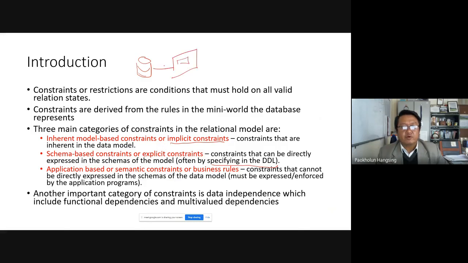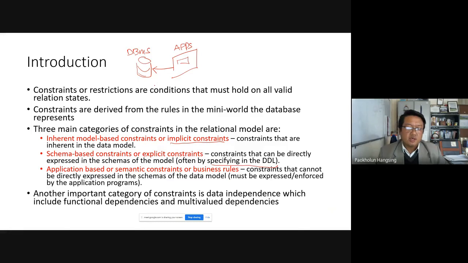So we have the DBMS and we have application programs. The third one is the constraints which cannot be part of the schema of the design, but which have to be enforced in the application that is used to access the database system. So these are the three main categories of constraints.